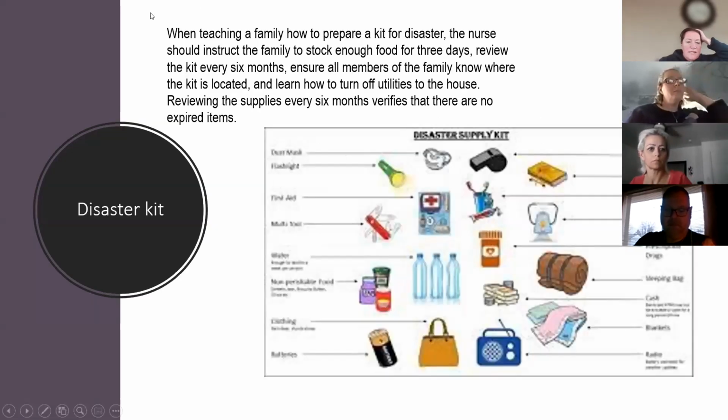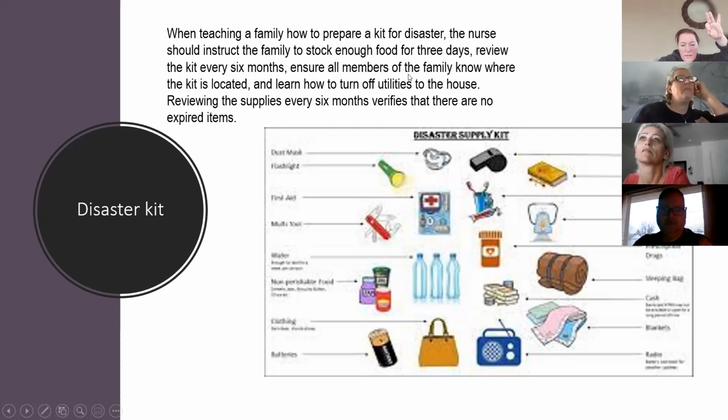And when we are doing a disaster kit, important. I want you to know this one. When you're doing disaster kits with your community people, you're going to make sure that the family has enough food for 3 days. Review the kit every 6 months. Okay, so don't get confused on those. Food for 3 days.